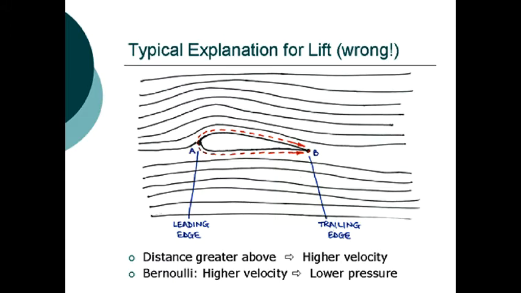This is our leading edge, if I call that point A. This is our trailing edge, point B. Then the way it goes is that they're saying, okay, there is a longer distance from A to B along the upper surface compared to if we travel along the lower surface. And because there is a larger distance on the upper surface, in order to reach the trailing edge at the same time, particles traveling along the upper surface have got to travel faster.